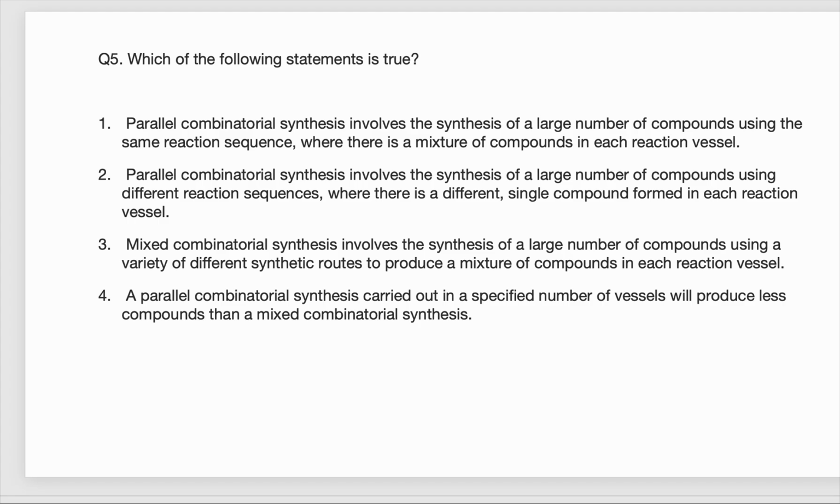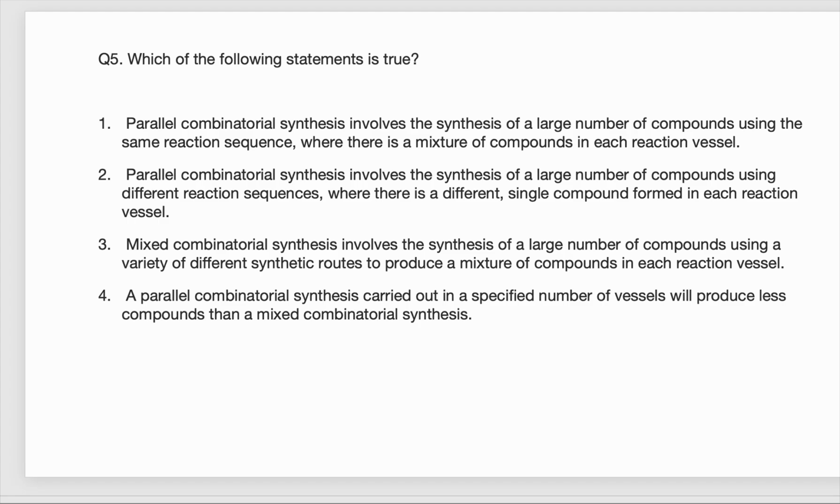Number 3. Mixed combinatorial synthesis involves the synthesis of a large number of compounds using a variety of different synthetic routes to produce a mixture of compounds in each reaction vessel. Number 4. A parallel combinatorial synthesis carried out in a specified number of vessels will produce fewer compounds than a mixed combinatorial synthesis.